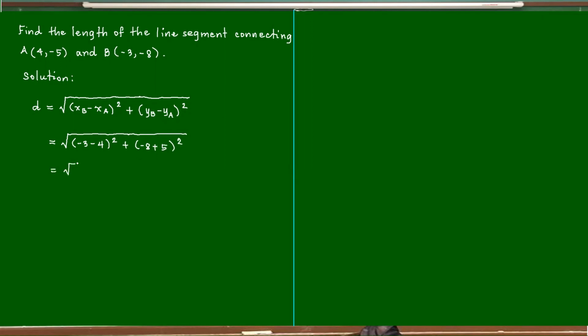So this is equal to the square root of (-7) squared, which is 49, plus (-3) squared, which is 9, no? So finally, we have the square root of 58. Am I correct, guys? Yes, sir. Okay, so square root of 58.